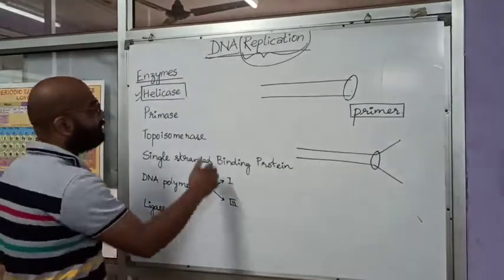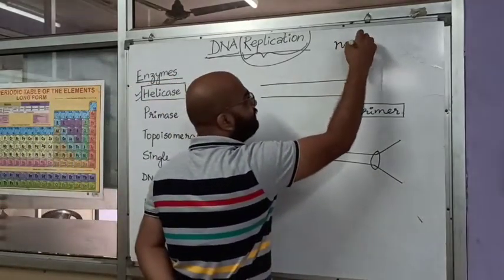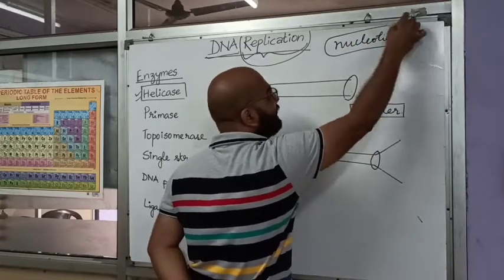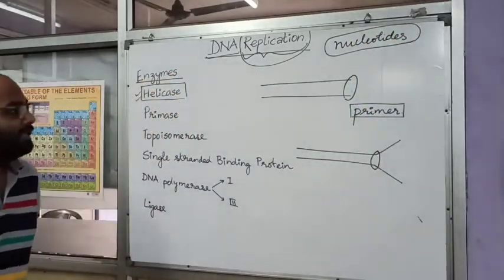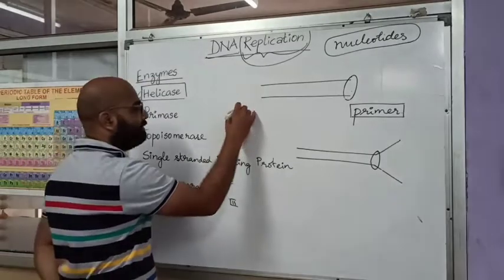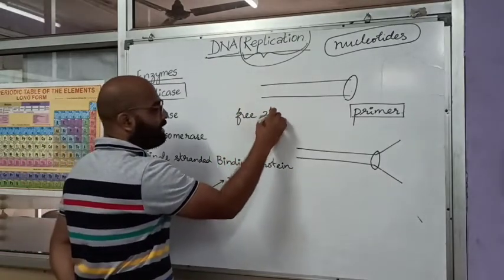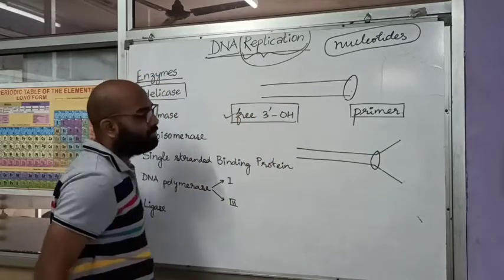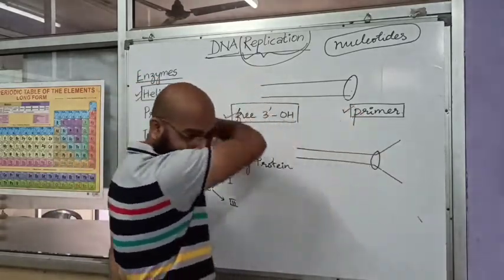So my building blocks are nothing but the nucleotides, but nucleotides cannot be added if they don't get a free 3' hydroxyl end. So this is very important, and this is going to be provided by the primer.